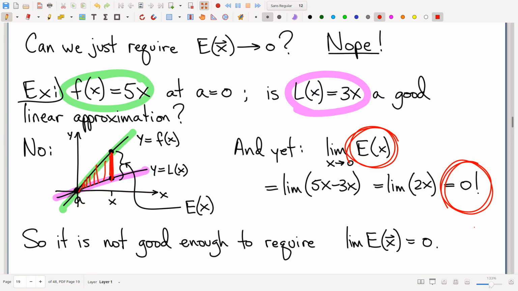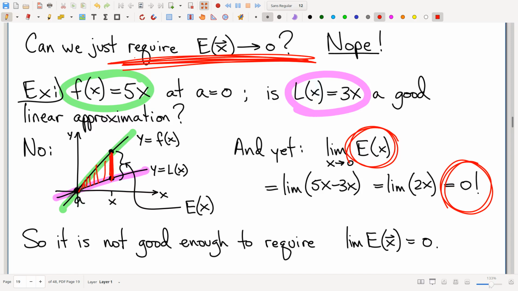So I'm not happy, right? I mean, the whole purpose of hopefully, optimistically requiring that error go to 0 is because I wanted that to be good enough to tell me when I have an obviously bad linear approximation. But it didn't.